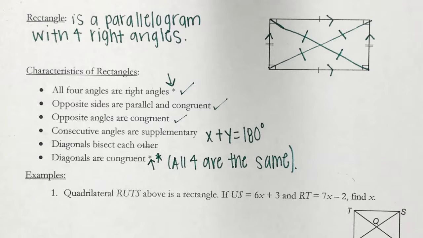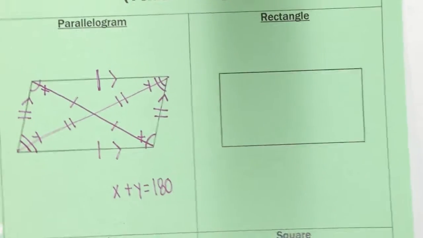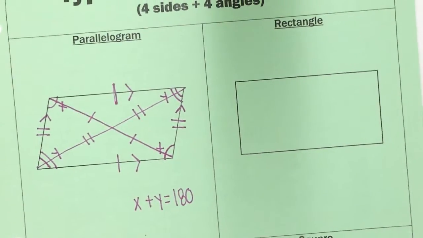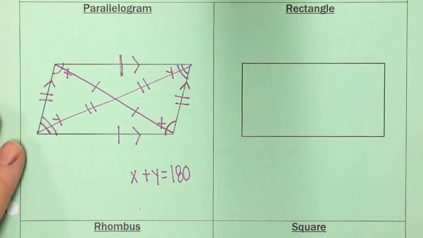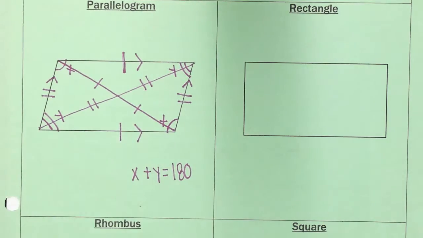All right, for practice, let's go to our green sheet and write down everything we know about rectangles. What do I know about the angles? Right angles. All four?